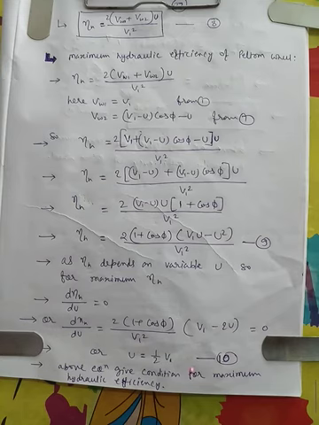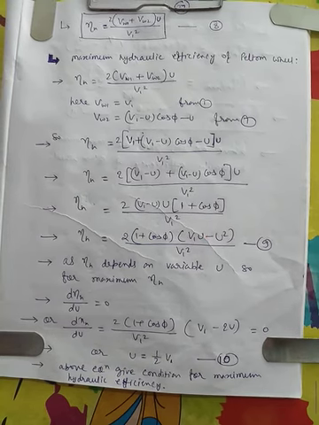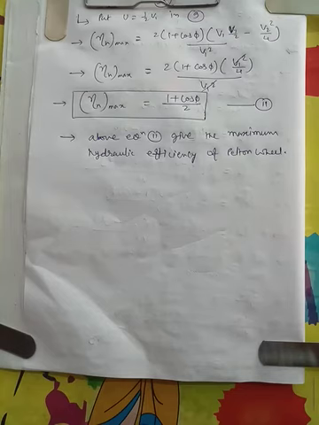And what will be the maximum efficiency? We put the value of u, equal to half V1, in equation 9. With u equal to V1 by 2, u squared is V1 squared by 4.